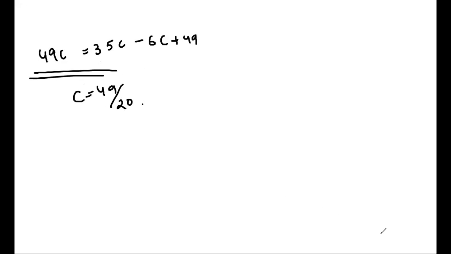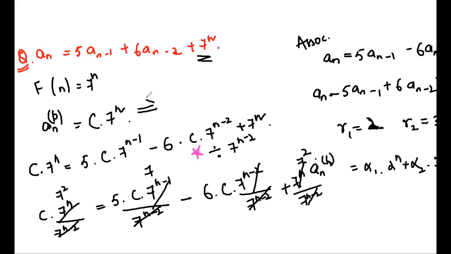Hence our solution a_n^(p), which we have taken, becomes, instead of c, 49/20 into 7^n.